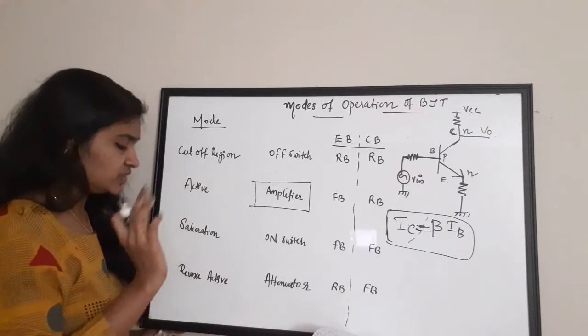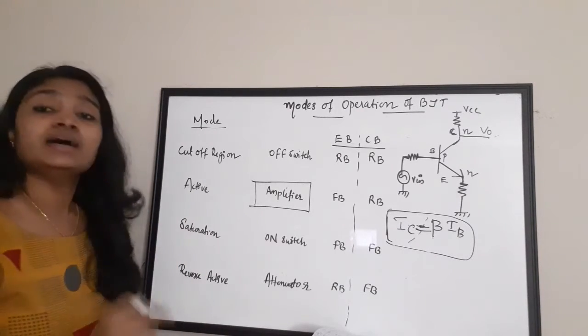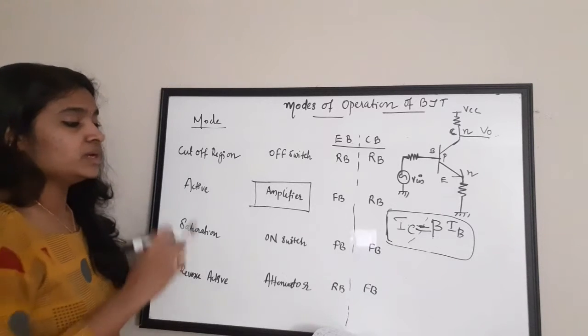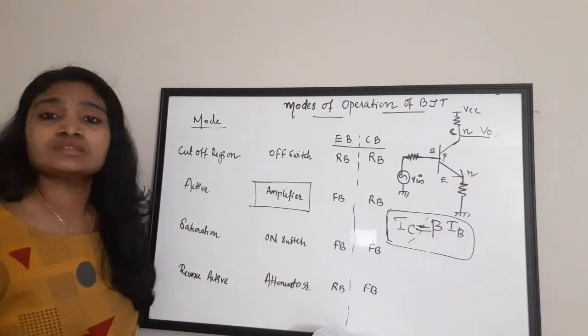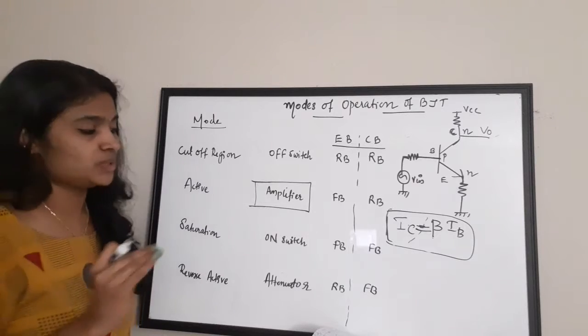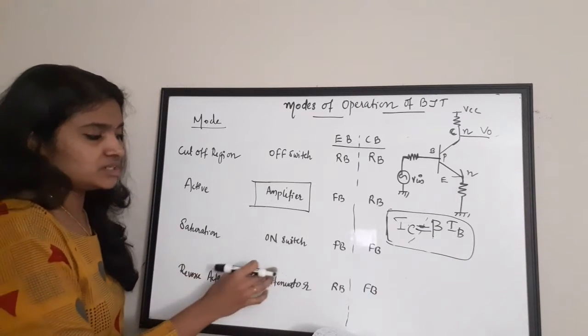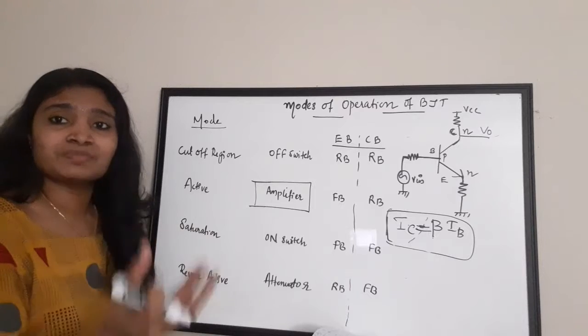Okay. Now, the last mode is reverse active mode. In reverse active mode, the transistor acts as an attenuator. Attenuator means it is going to suppress the signals.